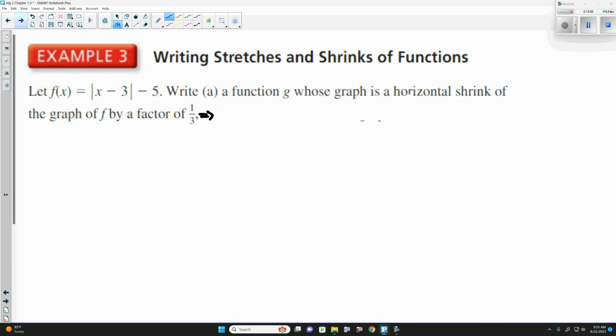Again, because there's one key step that all we have to do: flip 1/3. And if I flip 1/3, what do we get? 3. Because technically it'd be 3 over 1, but 3 divided by 1 is just 3. And that's it. Now we just use the methods that we've been using up to this point. Because if we're writing g of x as a horizontal shrink, we're using f of a times x.